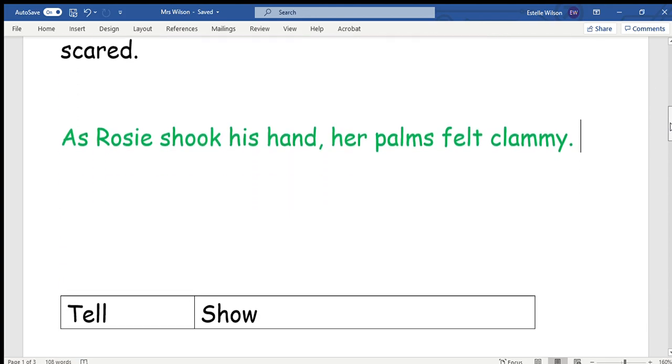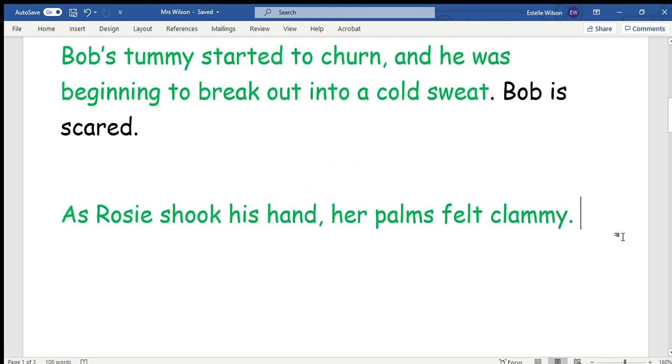As Rosie shook his hand, her palms felt clammy. Now, clammy means sweaty. As Rosie shook his hand, her palms felt clammy. So what is this sentence showing me about how Rosie is feeling? Well, this sentence is showing me that poor Rosie is also scared.